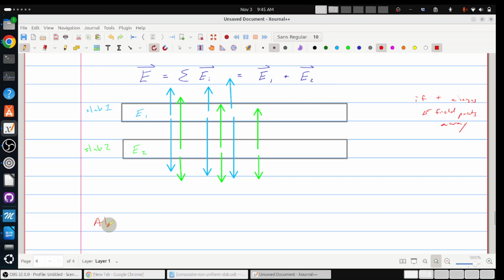So above both of them, we can think of it as having E1 and E2 both pointed up, both in the positive I-hat direction.